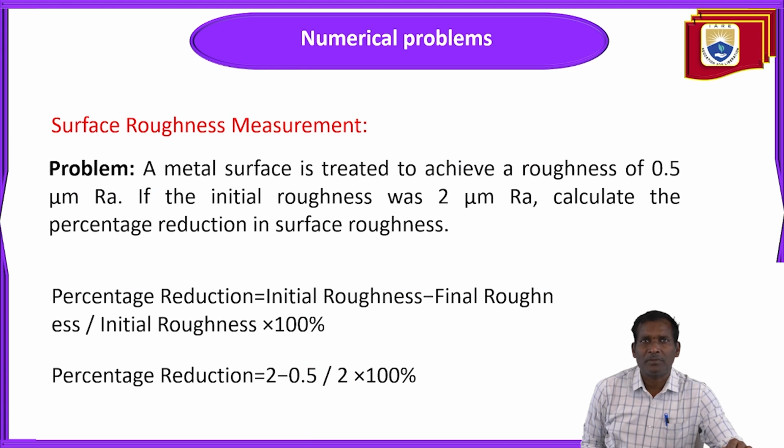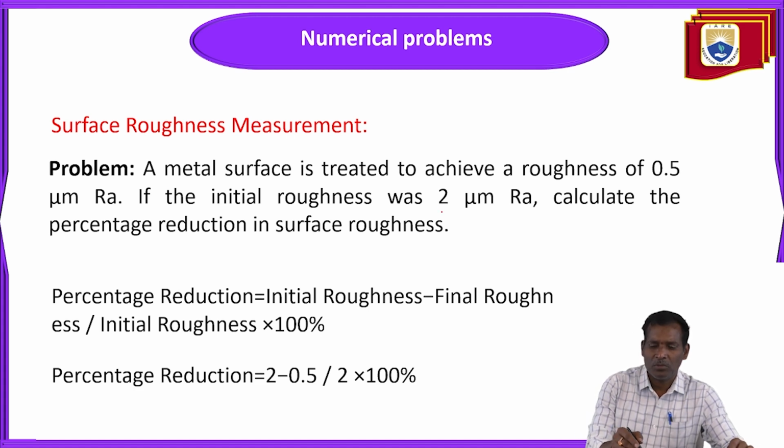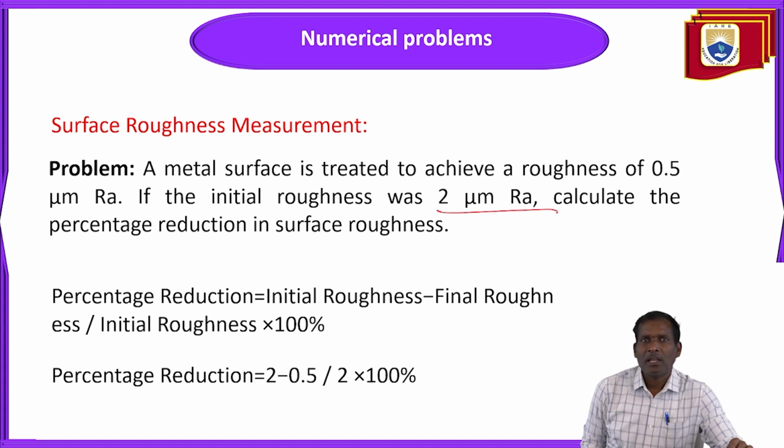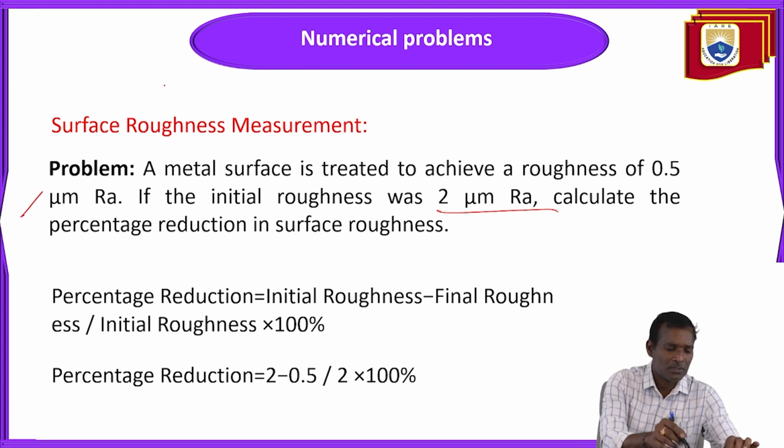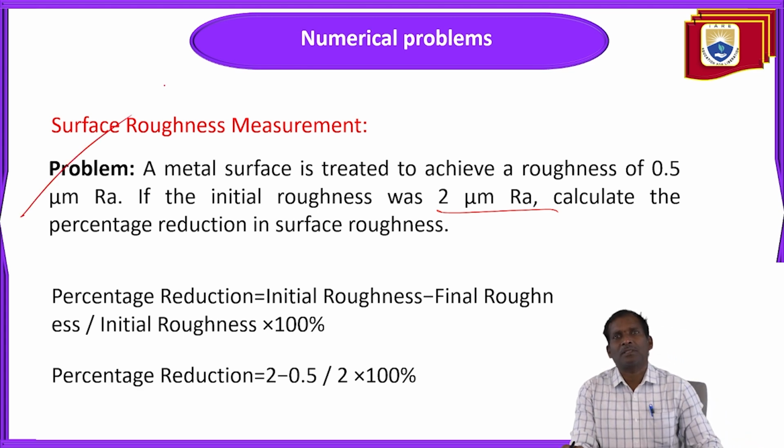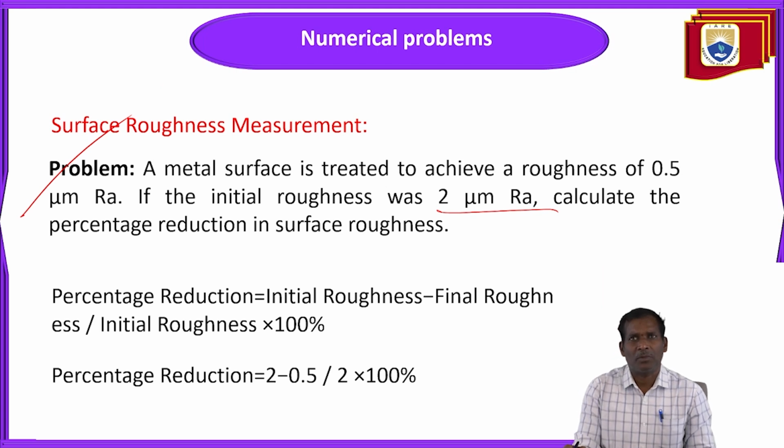Next, surface roughness measurement. A metal surface is treated to achieve a roughness of 0.5 micrometer Ra. If the initial roughness was 2 micrometer Ra, calculate the percentage reduction in surface roughness. We have already seen this in the surface roughness calculation part.